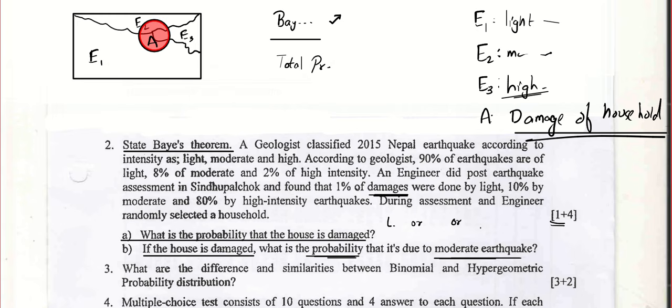So this is a general type of question, and this one is specific. Whenever you have a specific type of question, remember Bayes theorem will be used. Whenever you have a general question, we need total probability, and that OR will become a plus symbol.